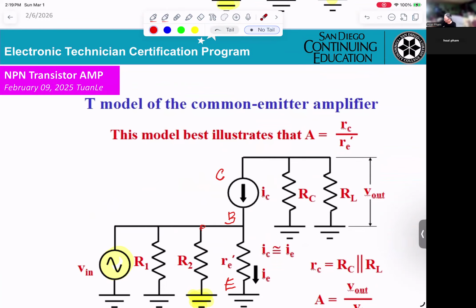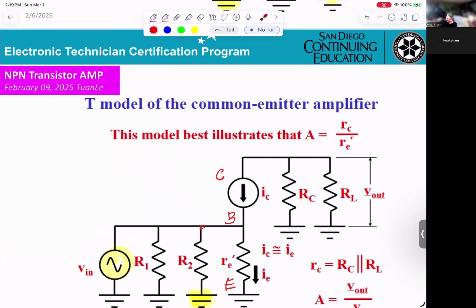So from the collector to the base, you get the IC current going to the base. And from the base to the emitter, you get the diode VBE. Okay? This is the emitter, IE, going from the emitter to the ground.